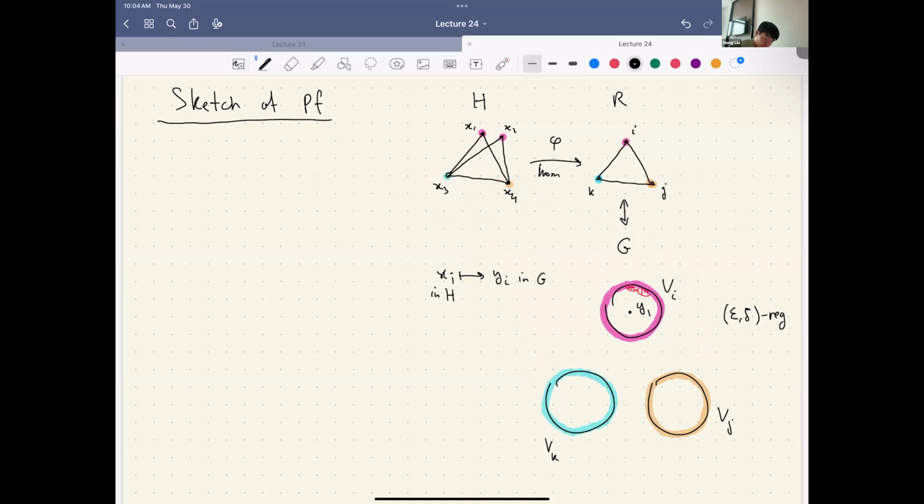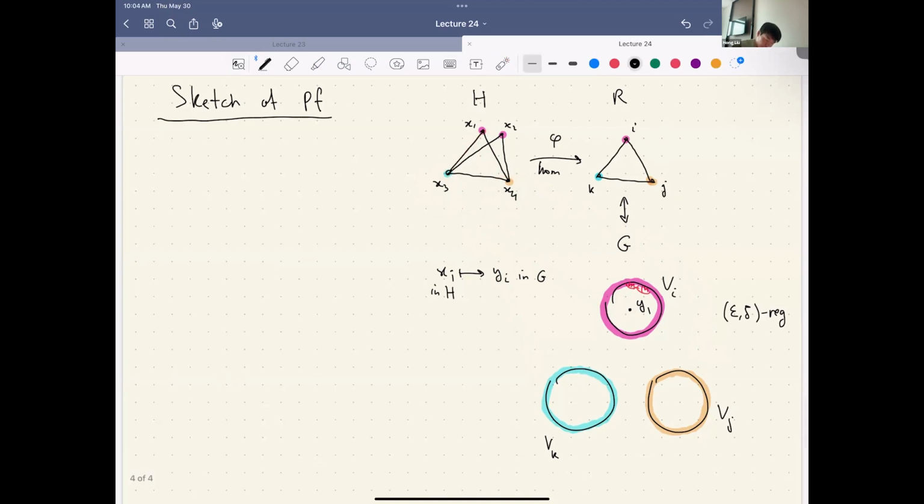In other words, we need to update vk by the neighborhood of y1. And x3 can only be embedded now inside this neighborhood. But the good thing is we choose y1 as a typical vertex. So this part is large.